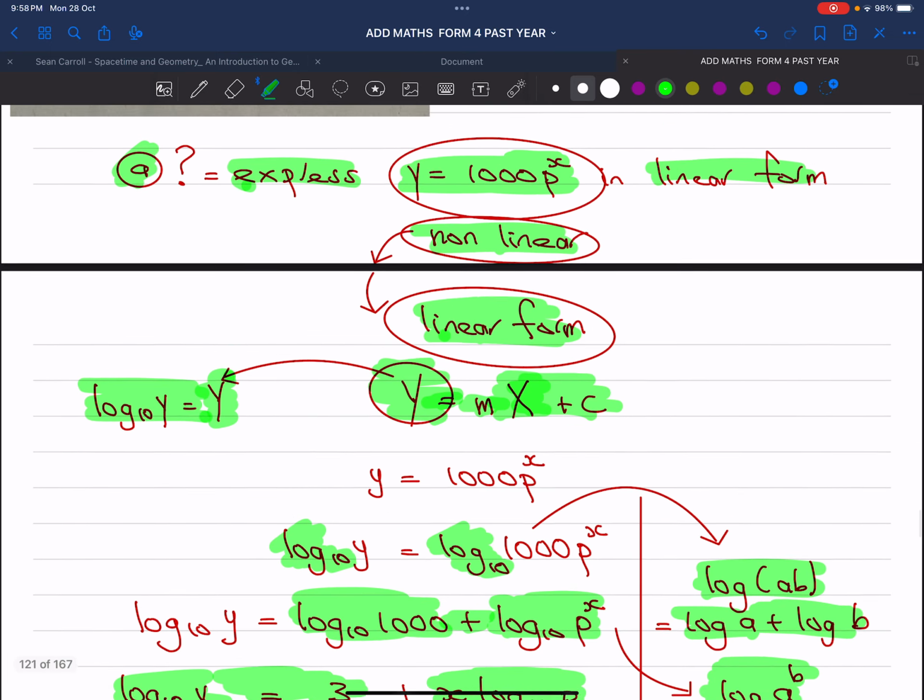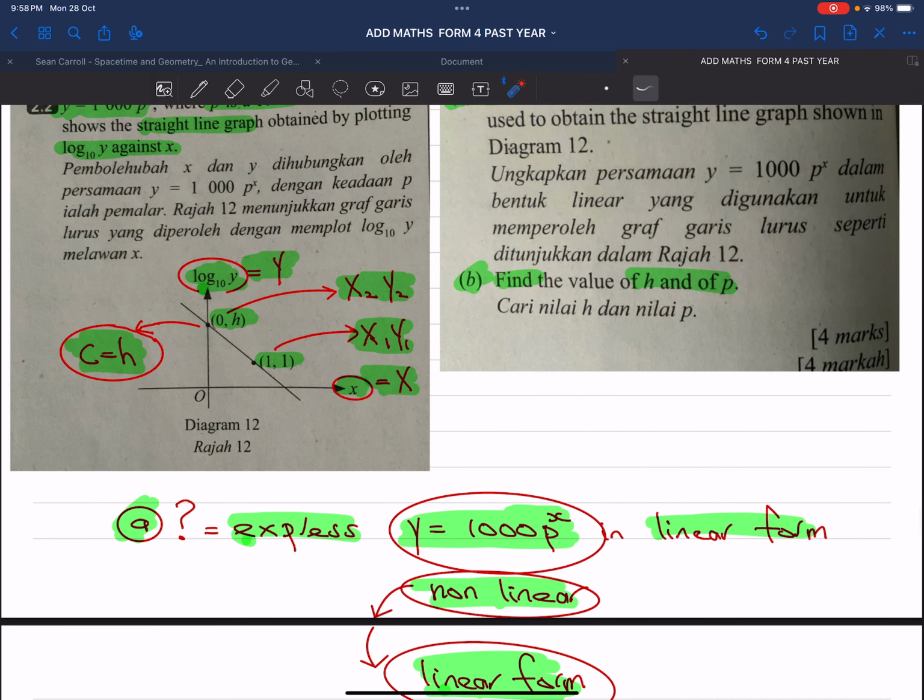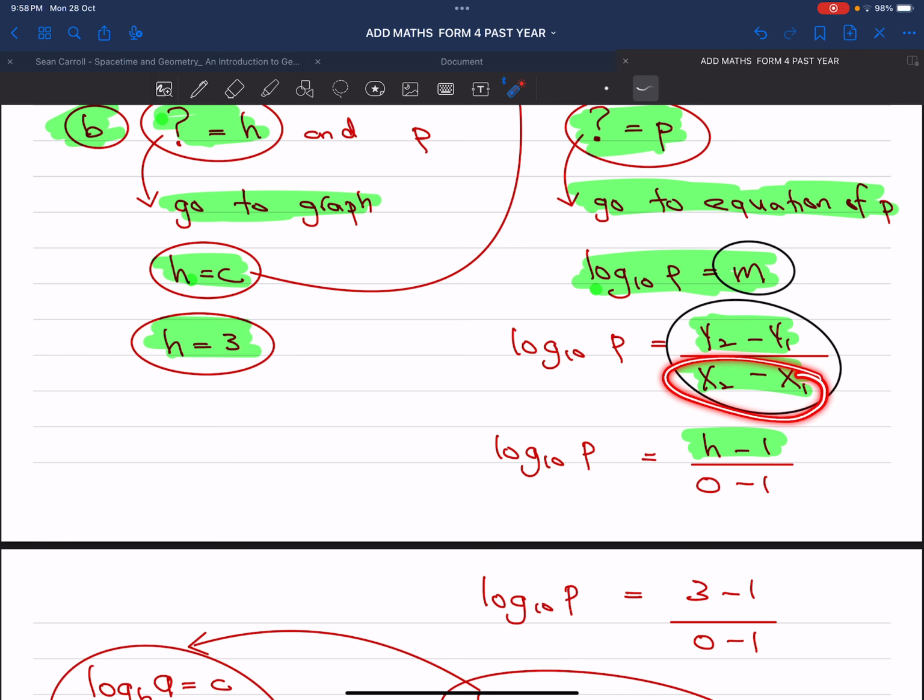I go back to the graph. y2 minus y1 is h minus 1, x2 minus x1 is 0 minus negative 1.